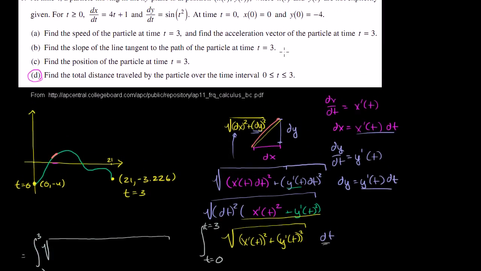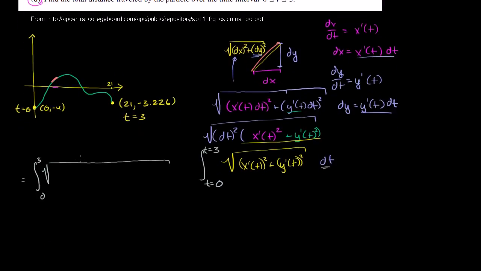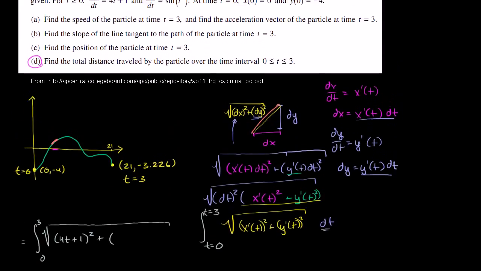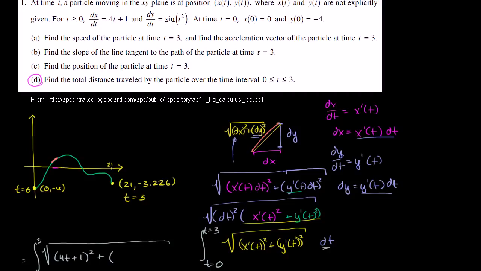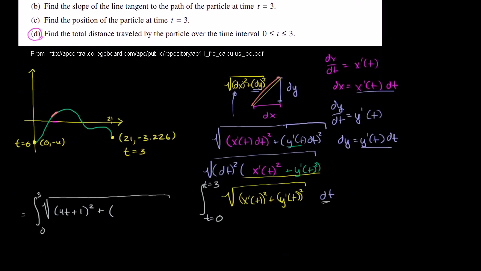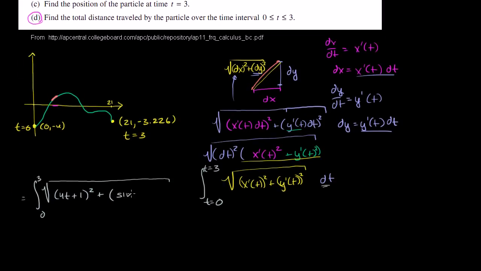It's 4t plus 1, so 4t plus 1 squared plus y prime of t squared. The derivative of y with respect to t is sine of t squared. So sine of t squared, and we need to square that as well, and then dt.